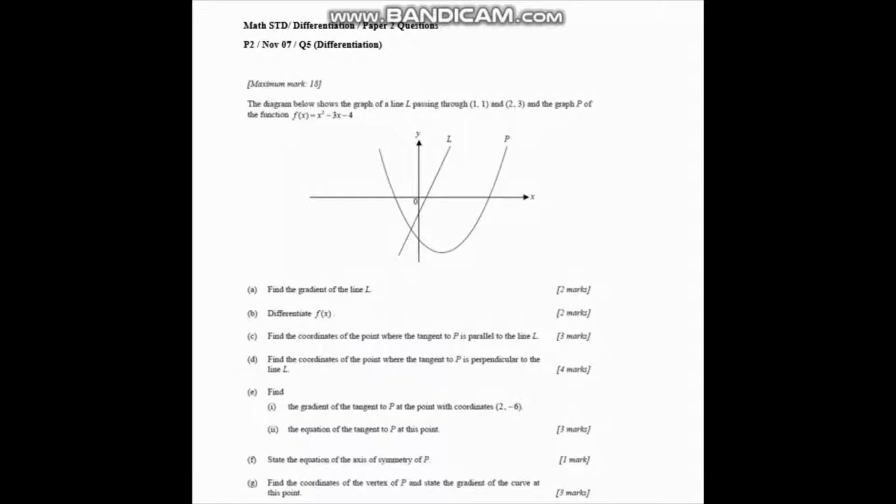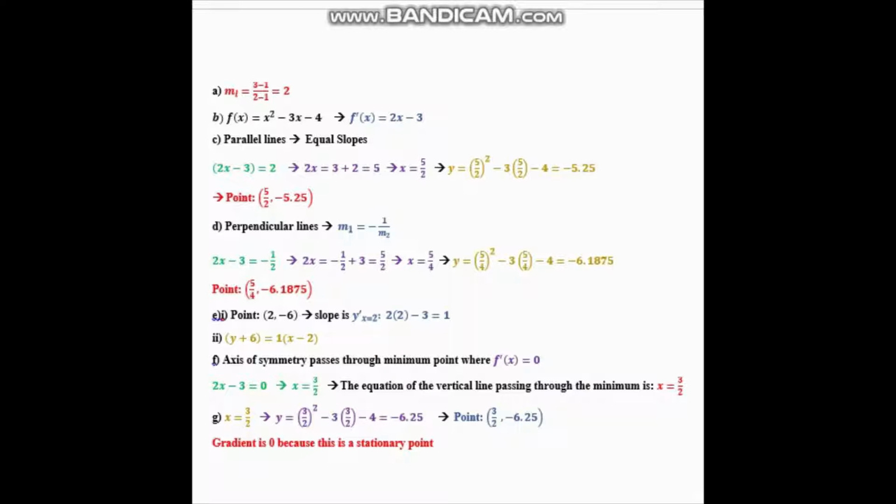I already have f dash of x in B, so let's take a look. There is my f dash. So I'm going to simply substitute the x value of the point into f dash. So I just need to calculate 2 times 2 minus 3, which gives me an answer of 1.